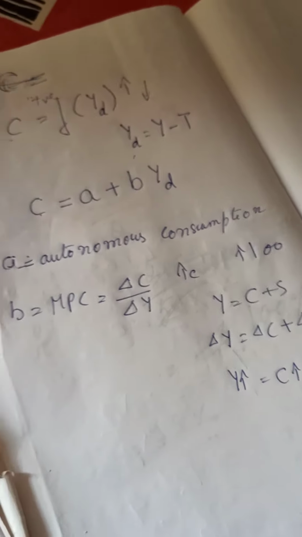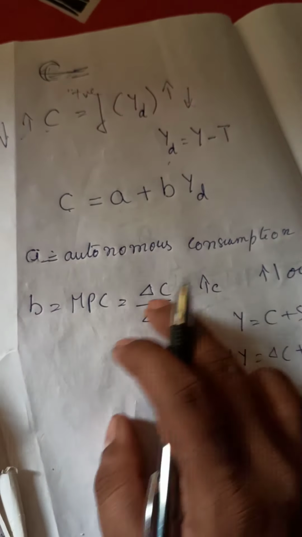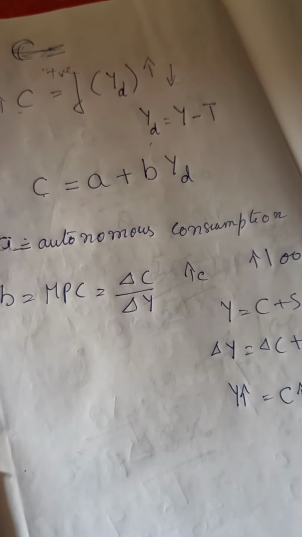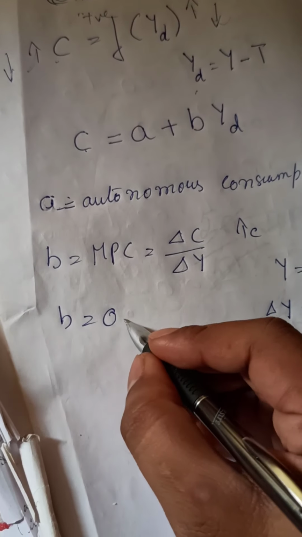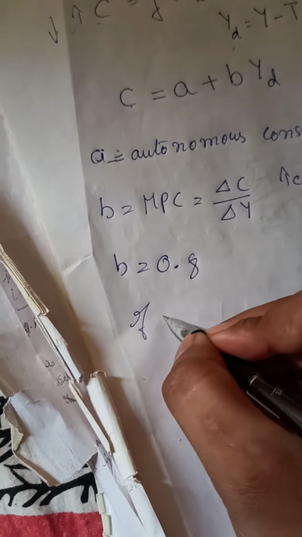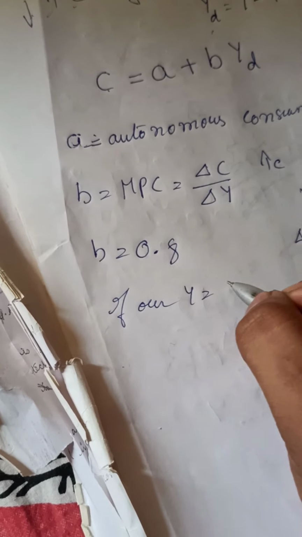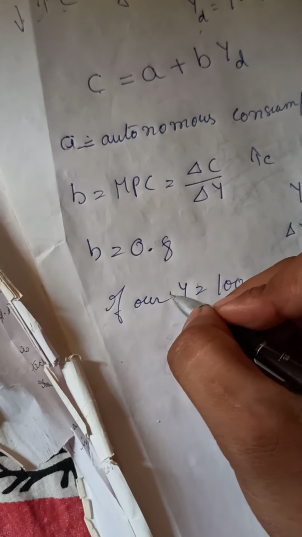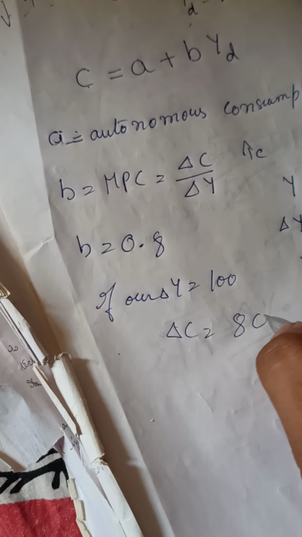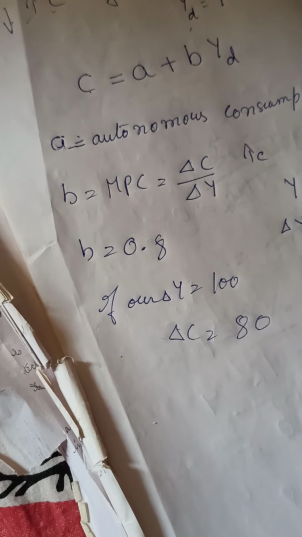B shows basically what percentage of the increased income we are consuming. If the value of B is 0.8, then it implies that if our income increases by 100 rupees, that is, if our del Y is 100 rupees, our del C will be 80 rupees, or we will spend 80% of our additional income on consumption.